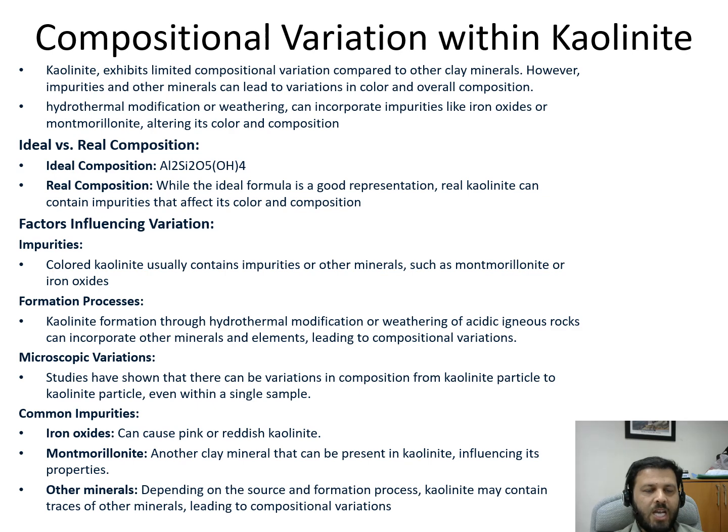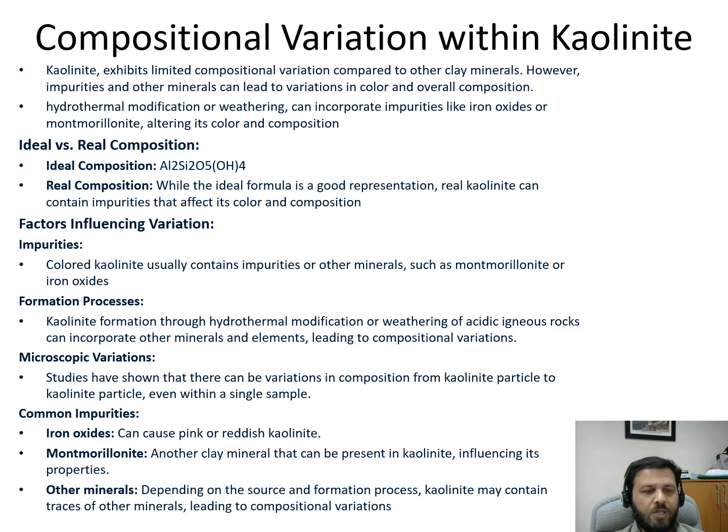The ideal versus real composition: ideally it is Al2Si2O5 aluminium silicate. However, with the addition of impurities, it can affect its color and composition. The main factors influencing the variation are impurities, generally color impurity, other minerals which can change its colors, and the formation processes.